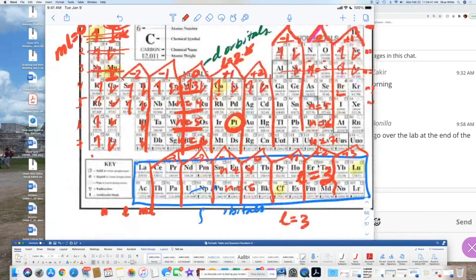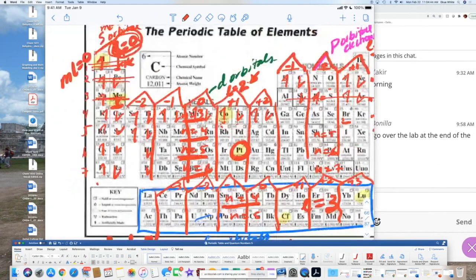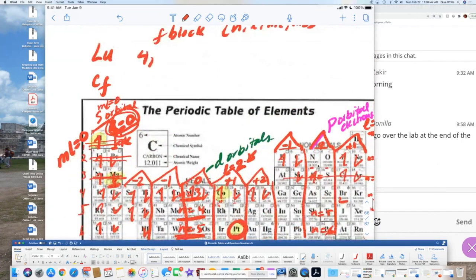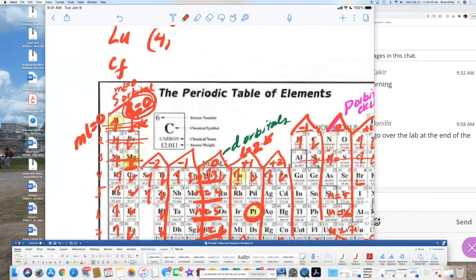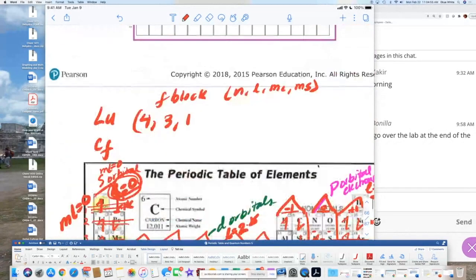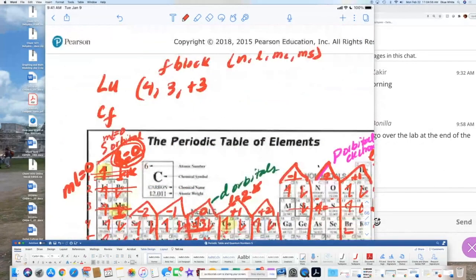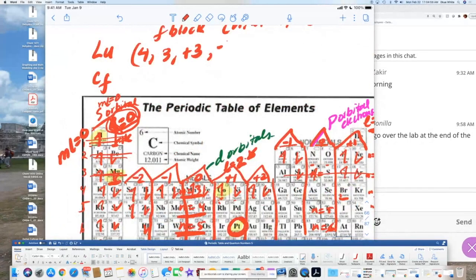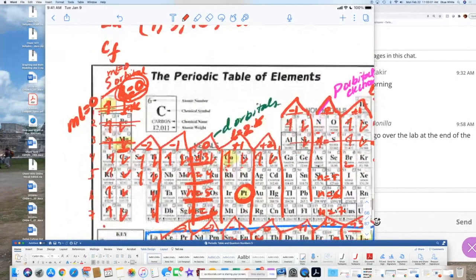For lutetium, N is 4, comma, L is 3. M sub L is +3. Is it the second electron? Yeah, second electron. -1/2. Okay.